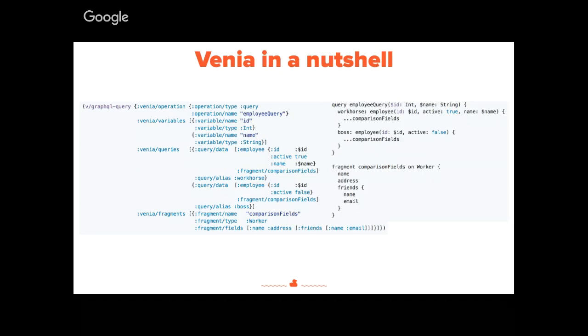So here you define the query, which looks like this, which is a valid GraphQL query where you have variables, and you use variables as arguments to the query, and aliases and fragments. They are all defined in quite a simple map where you specify the operation name, operation type, variables, and then reference them in your query, which also supports nested fields, as you can see here. And I think it looks really neat, and for a ClojureScript app, it's a really good addition.